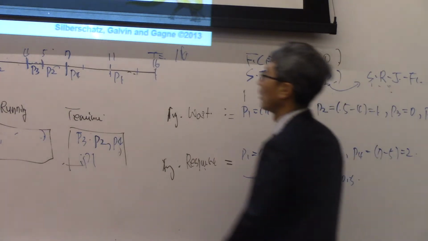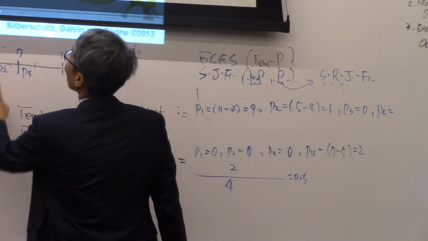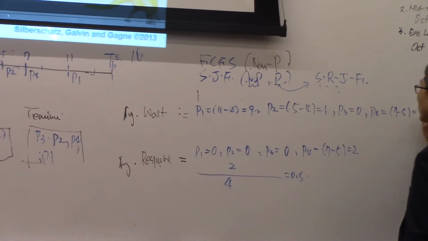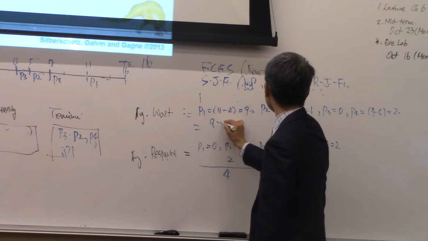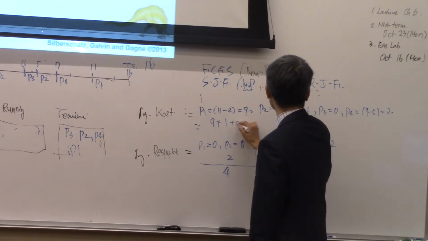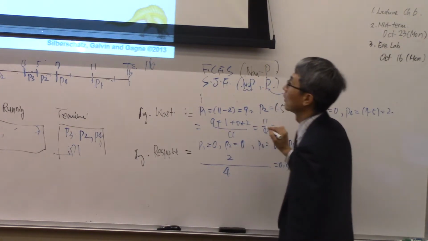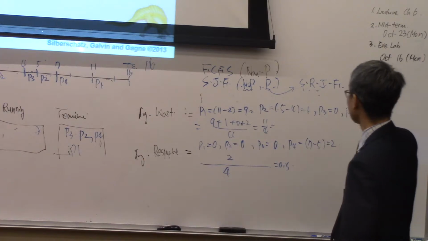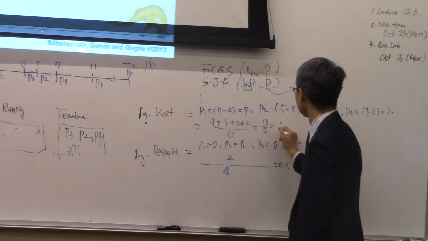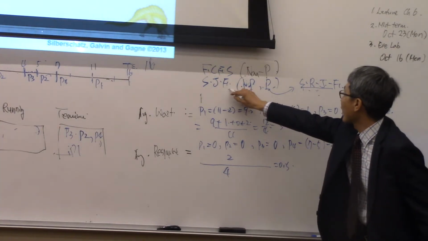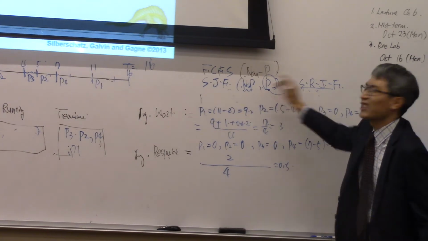P4 arrives at 5 and is selected at 7, so 2. The total is 9 plus 1 plus 0 plus 2, which is 12, divided by 4, so 3. That is the average waiting time of shortest remaining job first, or preemptive shortest job first.